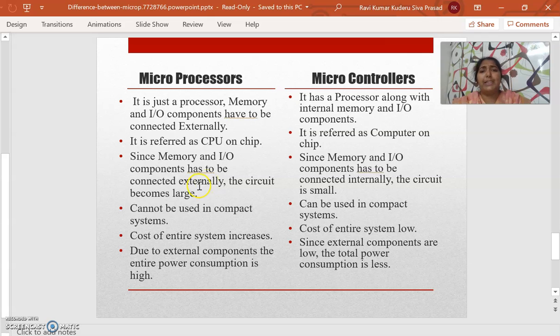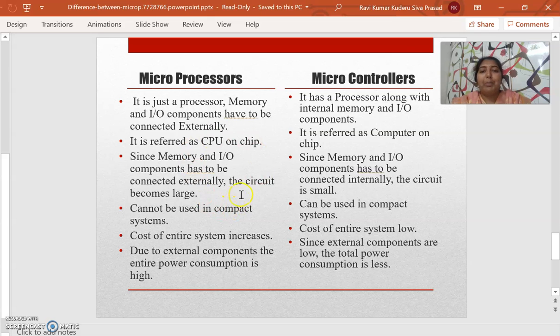The next difference is, here the memory and IO devices are connected externally, so the circuits can become large. But here it has the internal memory and the I/O ports, so the circuit can become small.